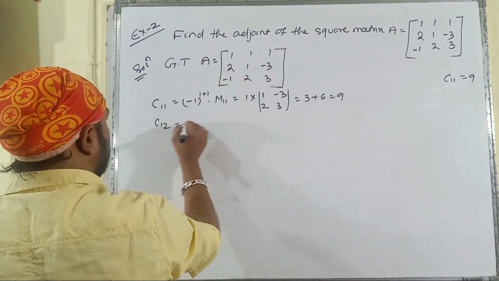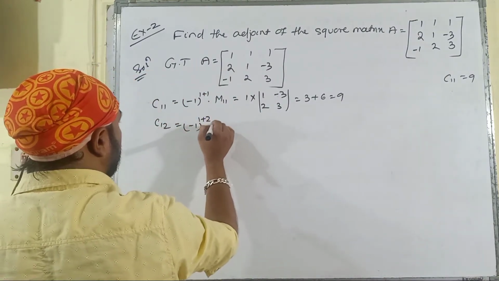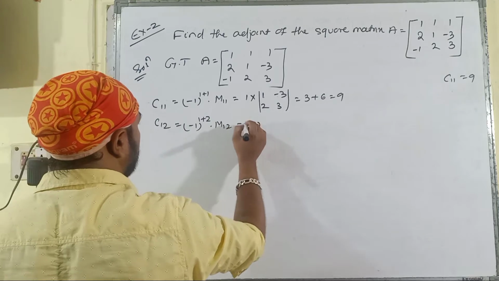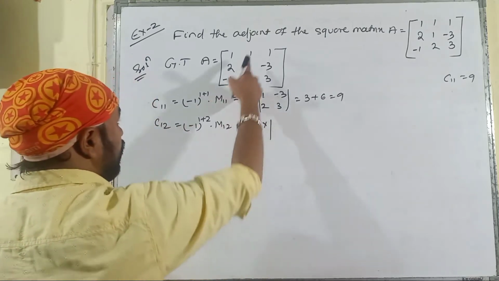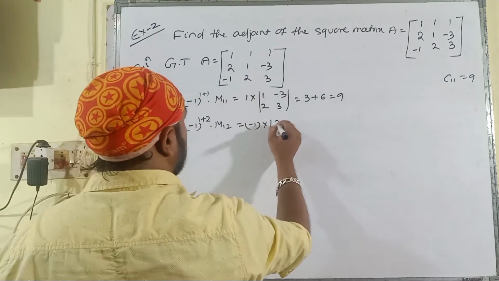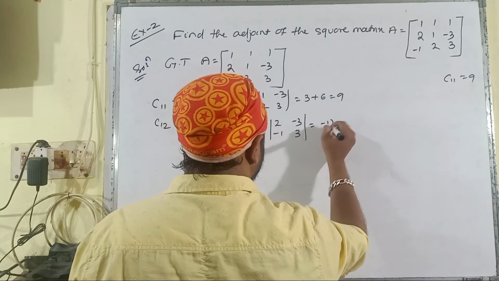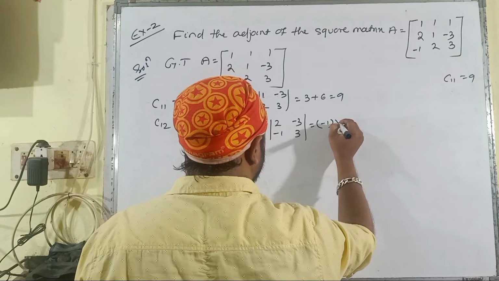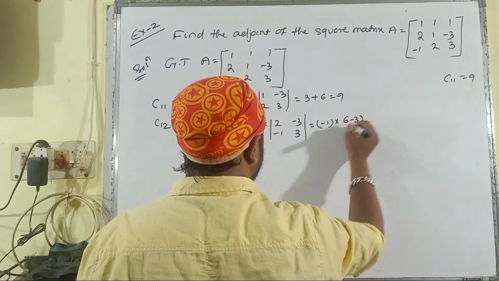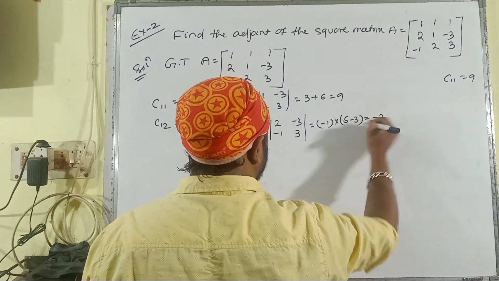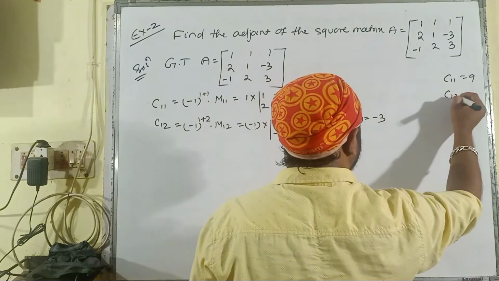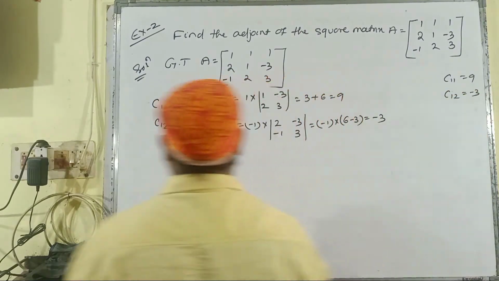Then C12, it is minus 1 to the power 1 plus 2 multiplied with M12, it is minus 1 multiplied with M12. That means it is 2 minus 3, minus 1, 3. It is minus 1 multiplied with 6 minus 3. It is minus 3. So C12 is minus 3.